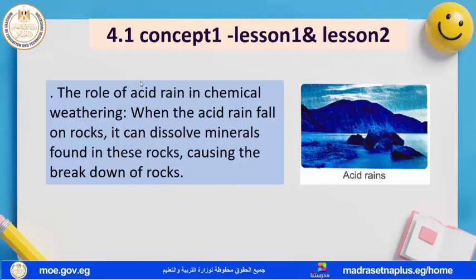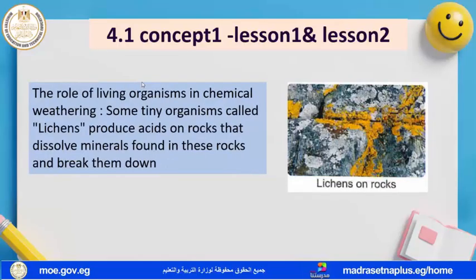Another slide about lichens on rocks. What are lichens on rocks? This is the role of living organisms in chemical weathering. Some tiny organisms called lichens produce acids on rocks that dissolve minerals found in these rocks and break them down.